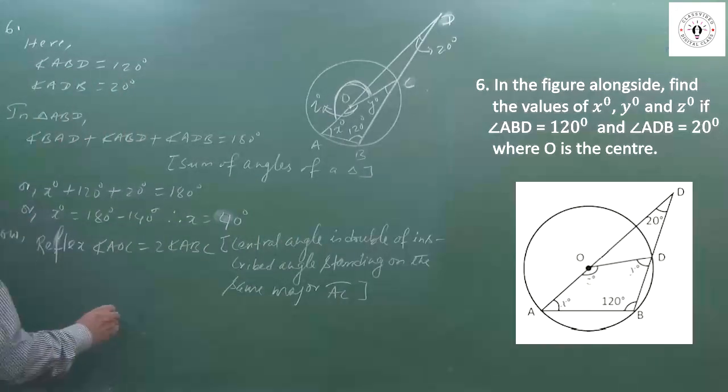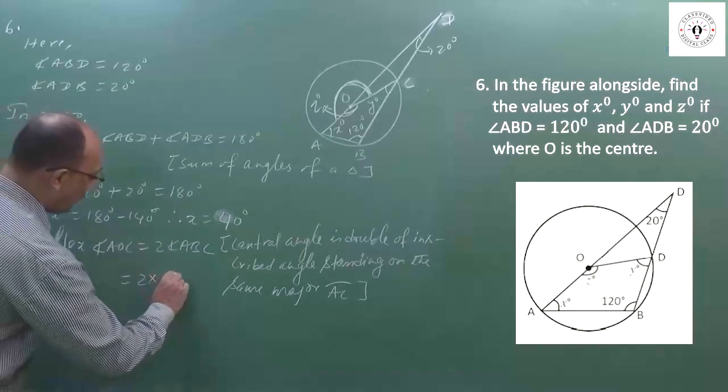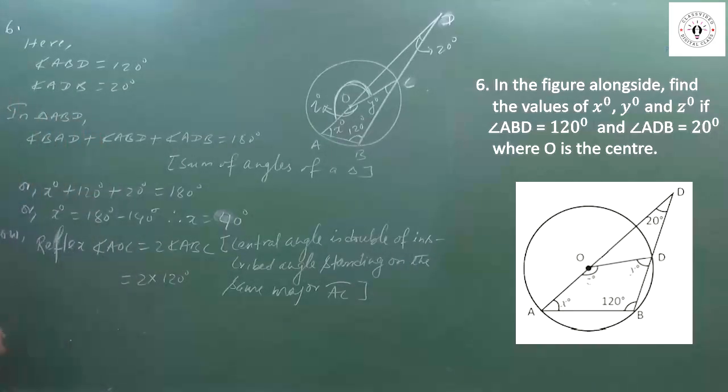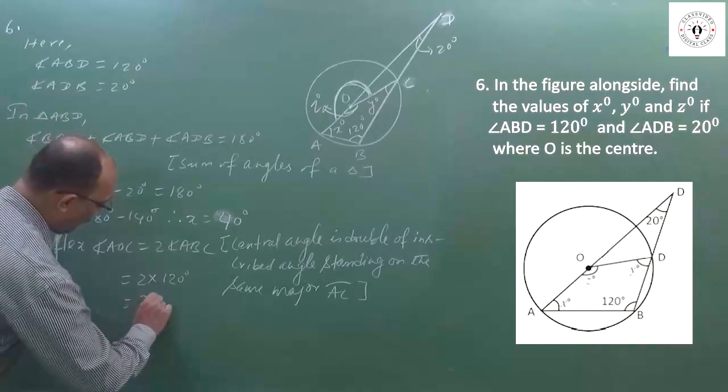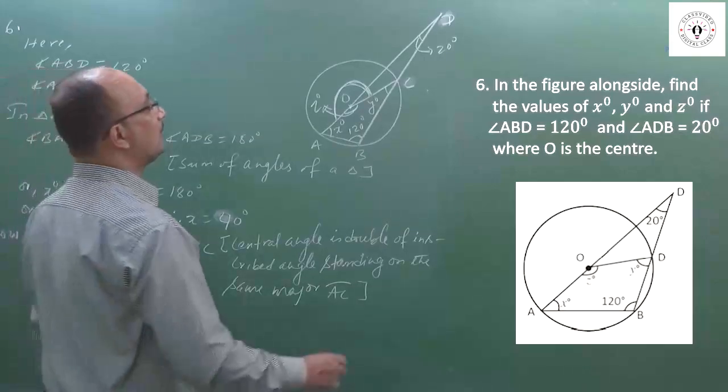So reflex angle AOC is 2 times ABC. ABC we have calculated as 120 degrees. So this becomes 240 degrees. The reflex angle AOC is 240 degrees.